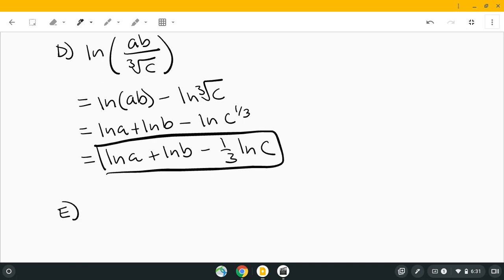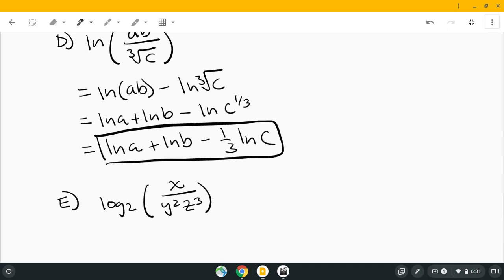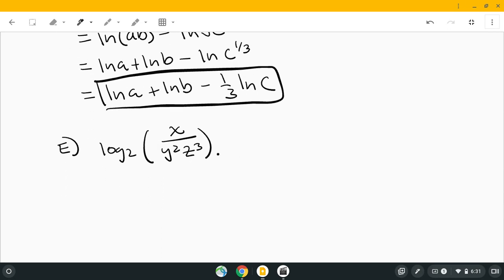And if you have, just like products, if you have several products and you have several quotients, like let's do one like this. Let's do x here, and you have y squared z cubed here. Then again, all of the quotients will be negative. So here we'll have log base 2 of x, but then we'll have minus log base 2 y squared and minus log base 2 of z cubed, because both of these, y squared and z cubed, are quotients, right?